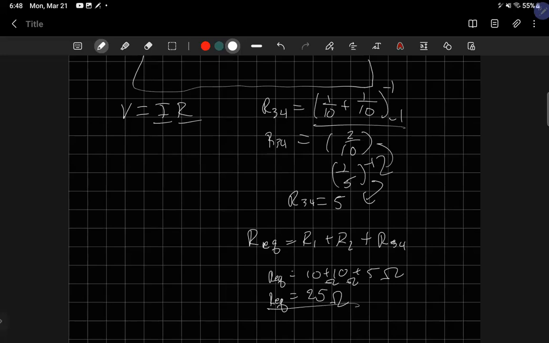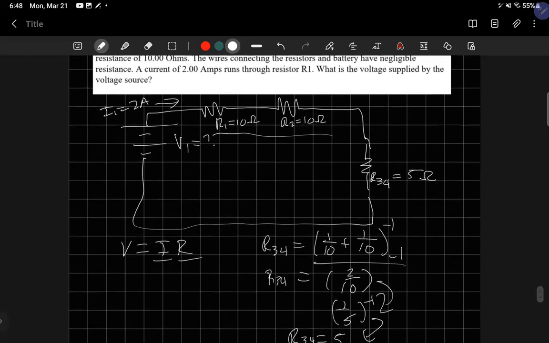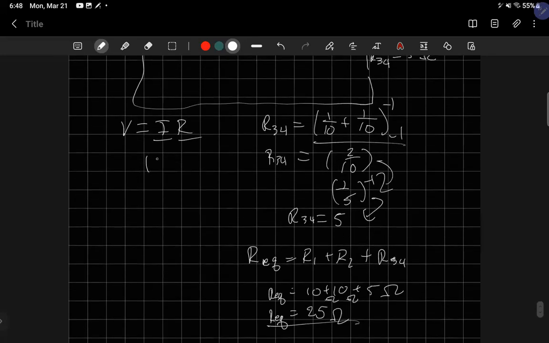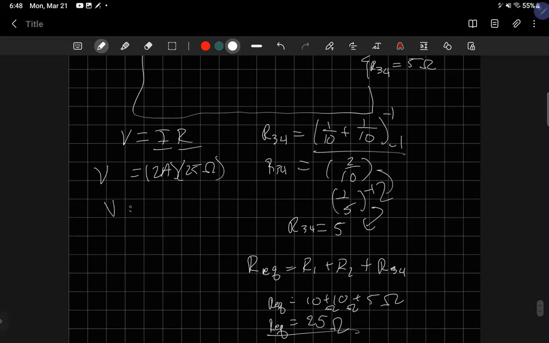So now we have our R, and they already gave us our current, so now it's just a matter of plugging in our values. So the voltage of our battery should equal 50 volts.